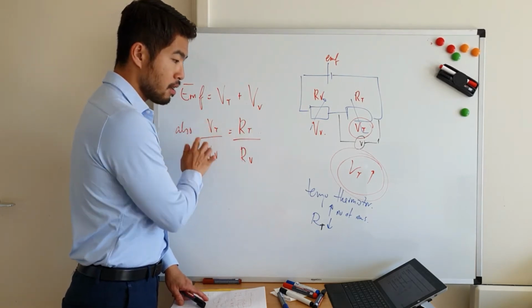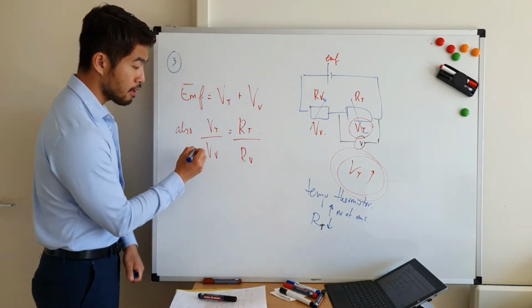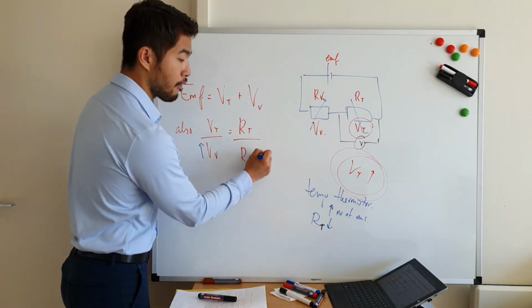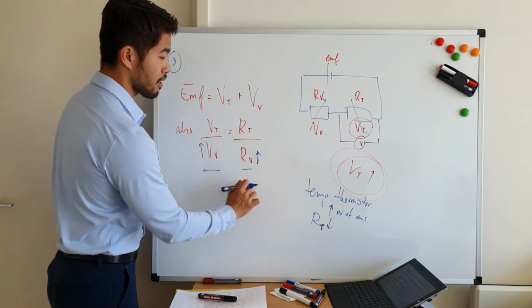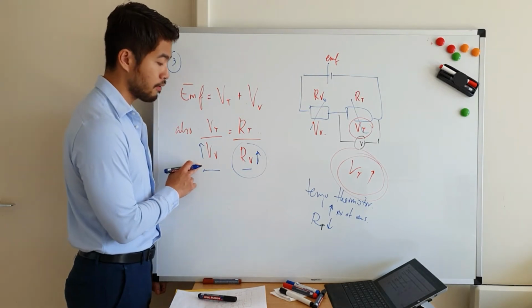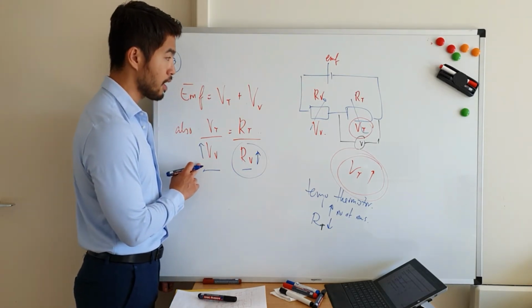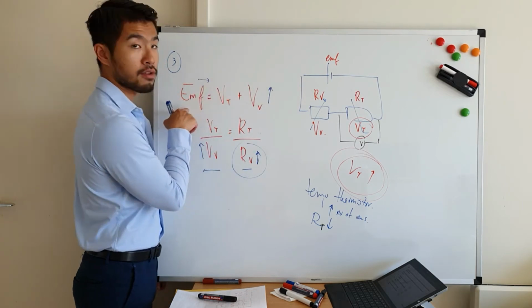Alright, B. Increasing the resistance of the variable resistor. If you increase the variable resistance here, increasing RV will increase the voltage that's received by the variable resistor instead. The EMF is not changing, so it stays the same.